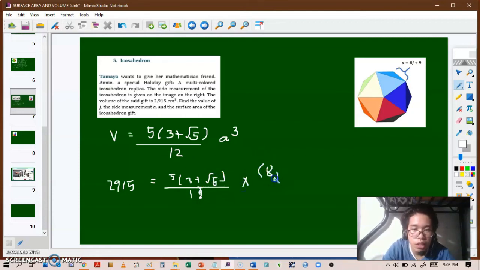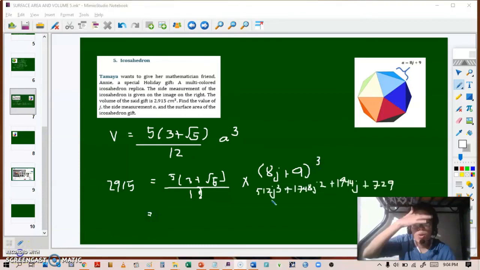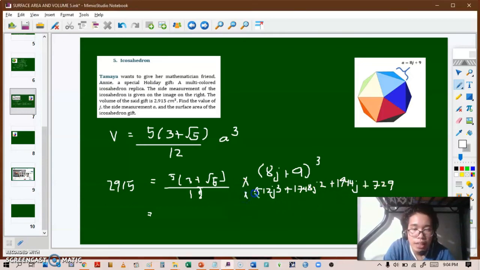So we cube 8J plus 9, and we get 512J cubed plus 1748J squared plus 1944J plus 729. And we multiply this entire expression by the constant 5 times the quantity 3 plus square root of 5, all over 12.